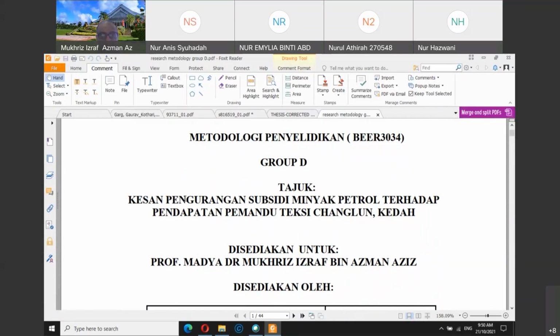So the respondents should be the taxi drivers in Changlun. They want to know the impact on their income after the removal of the subsidy, because when the subsidy is removed, the oil price goes up, so the income of the taxi drivers is supposed to be affected. So this is another topic that was done before.